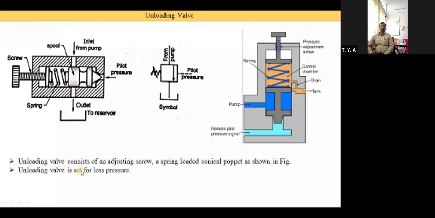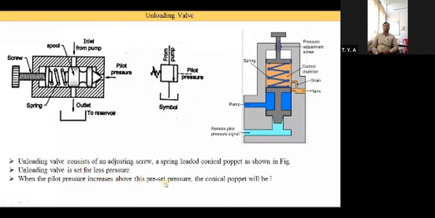The unloading valve is set for a low pressure, not for higher pressures. When the pilot pressure is increased above its preset value, the conical poppet will be lifted off its seat and open the connection from the inlet port to the outlet. Here you see the pilot pressure, and its pressure is increased above the preset value. Suppose we set a certain value by using this adjusting screw.